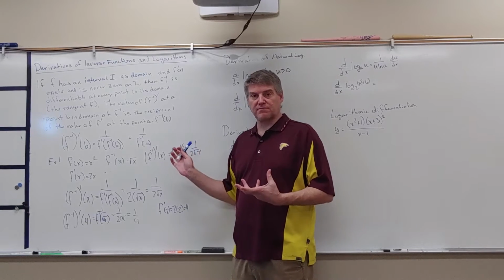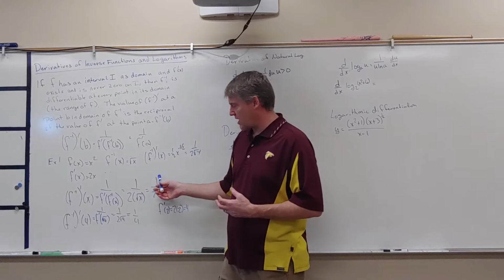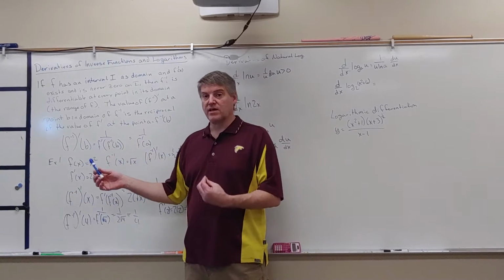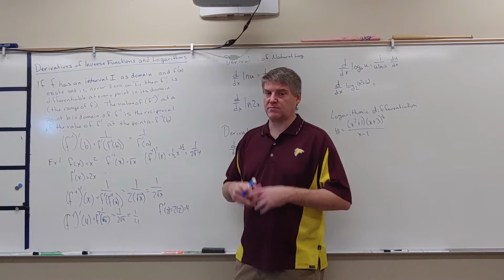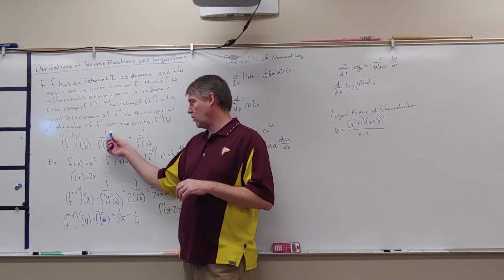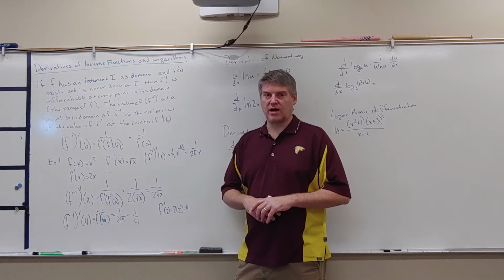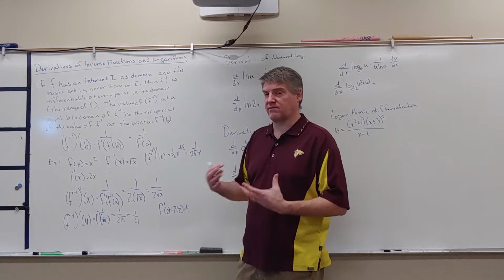There's my derivative, right? So if I can't take the derivative of my f inverse, I can use this formula to find it. What I'm doing is taking the derivative of f, putting 1 over the derivative of f, and plugging in the inverse function.